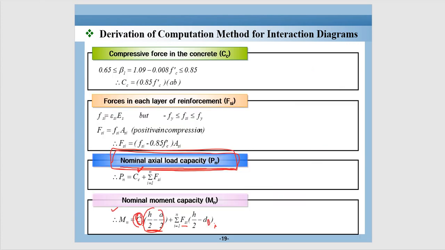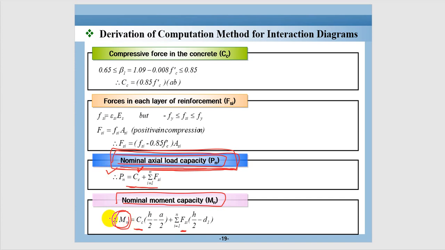Okay, so these equations are another straightforward relationship that you can use to calculate your moment equilibrium based on the compressive block and the levers of all layers. And this is your nominal moment capacity, and this will become your nominal axial load capacity.